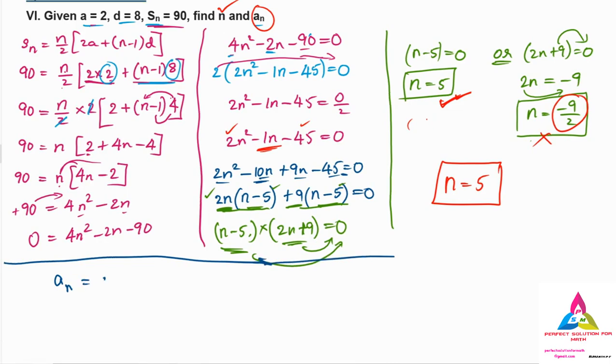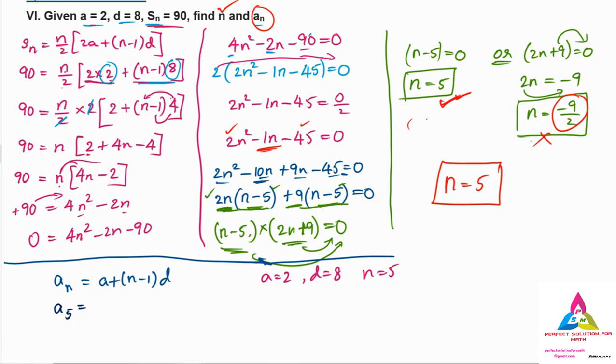So an is equals to a plus n minus 1 into d. Here we know that the n value is nothing but 5. So I will write down all the things that they have given. We have found the a value they have given as 2, the d value as 8, and the n value as 5. These are the things we require to solve this. So what is the n value? 5. So a5 we have to find.